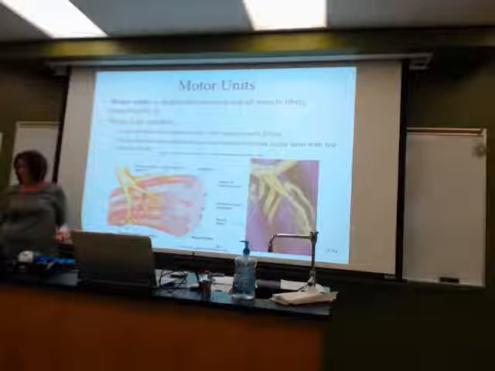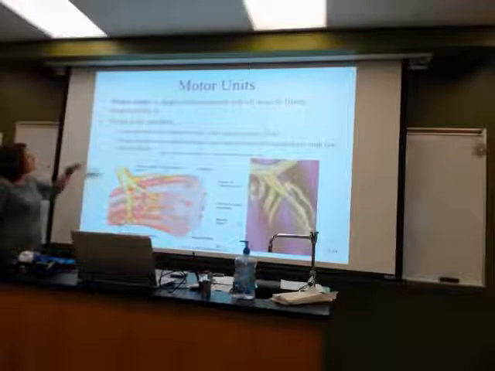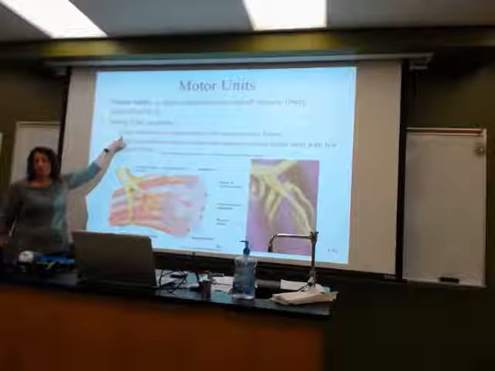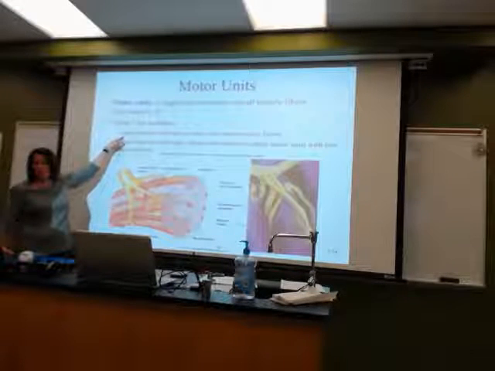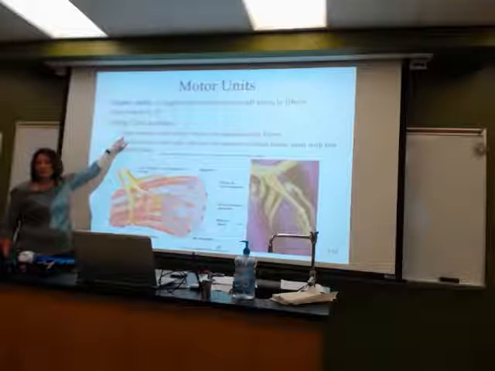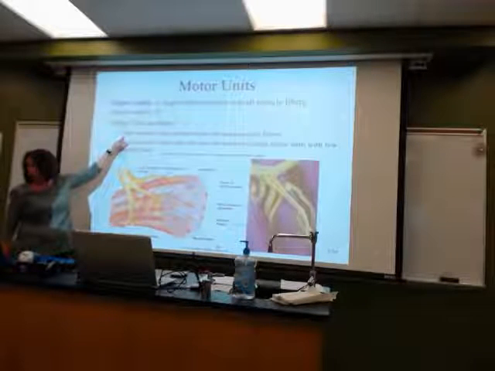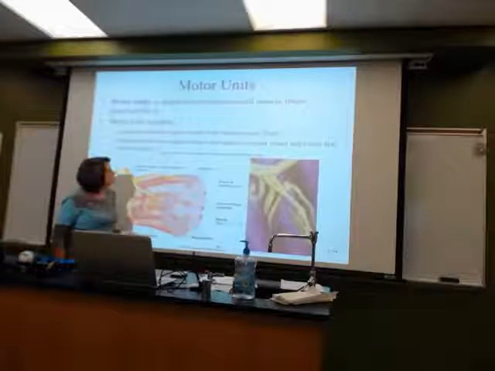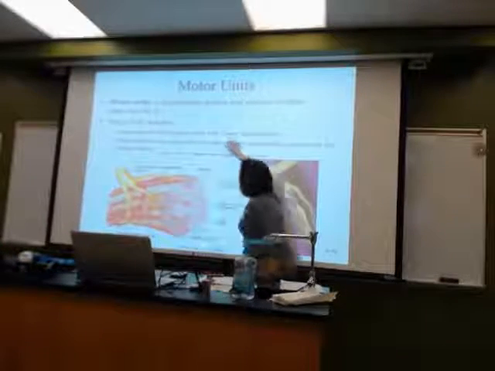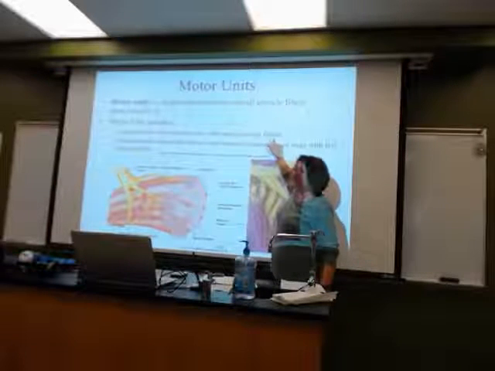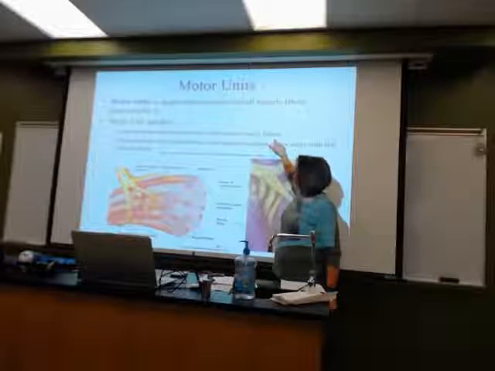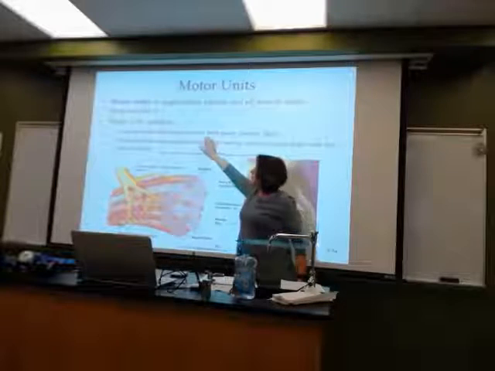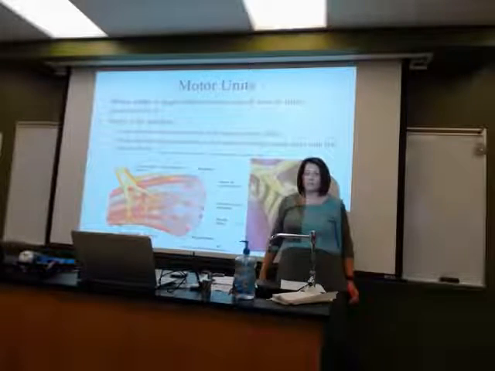Is everybody kind of following me? If we have a large muscle, think about the quads, think about the biceps, think about the deltoid, do you see what I mean by big? A large muscle, usually we're going to have a lot of muscle fibers that can be present, so therefore quite a few motor units.